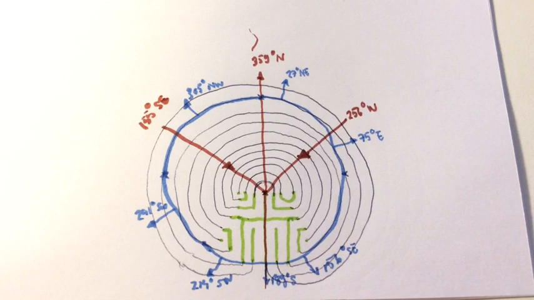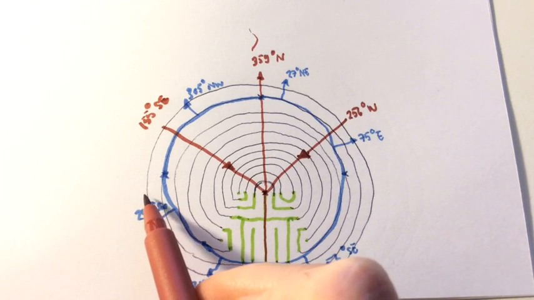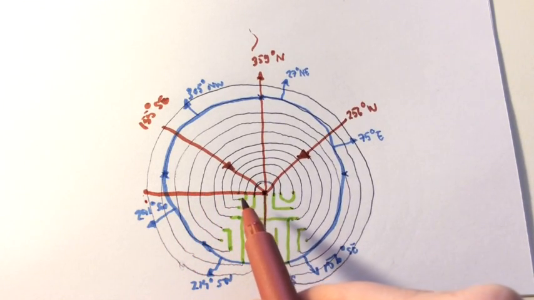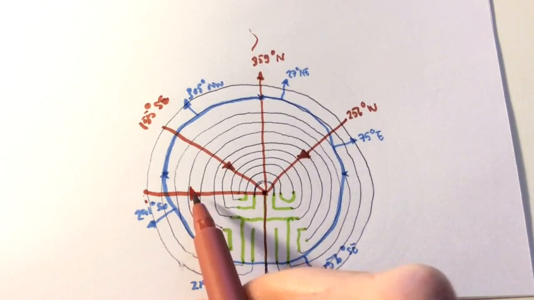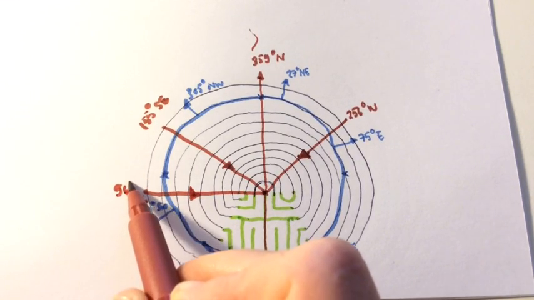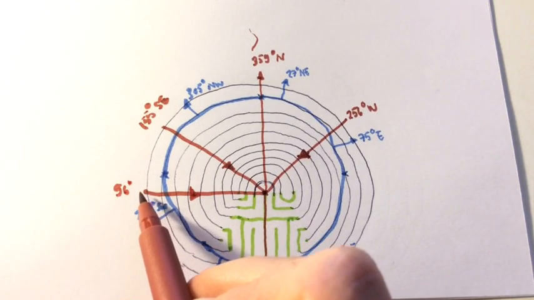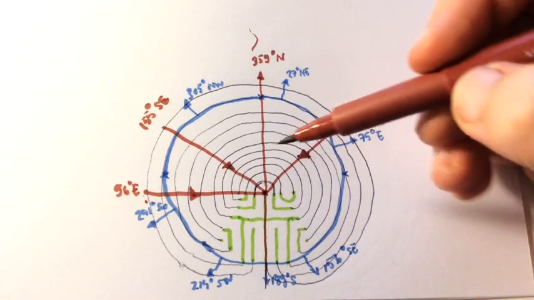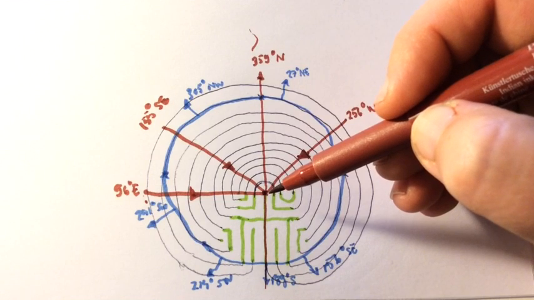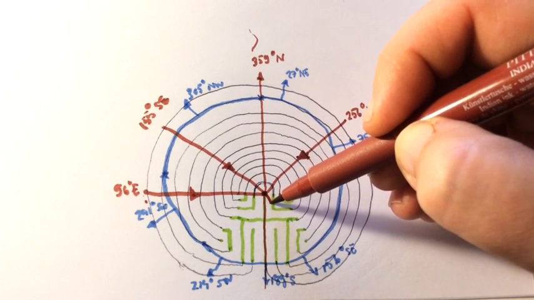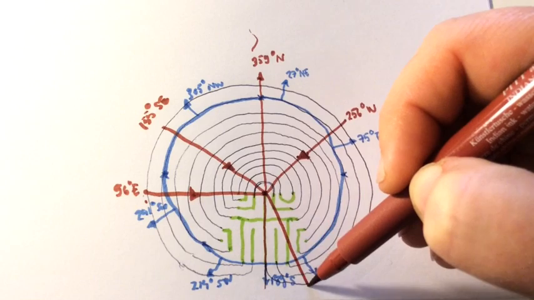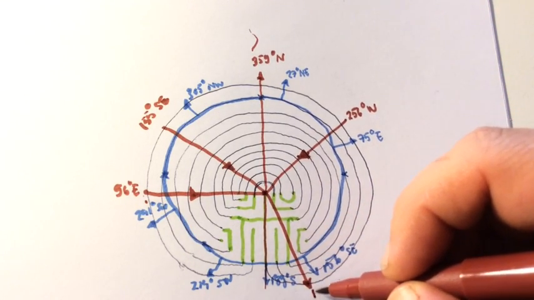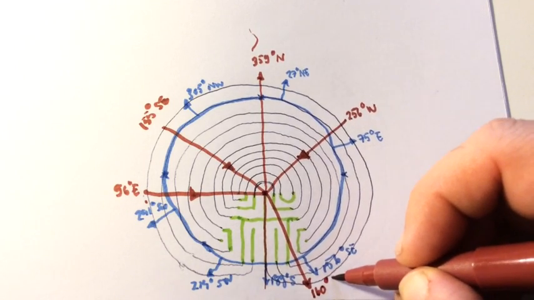Then we also had one that comes almost straight from the side, like so, also going in towards the middle, which is at 96 degrees east. And then one more that goes out, and that one is here, and it goes something like that, and 160 degrees south.